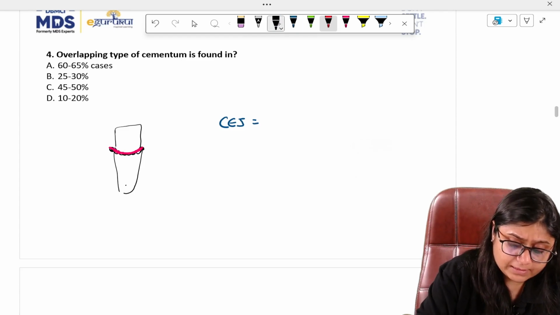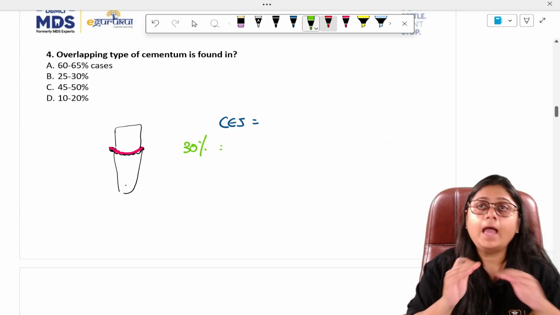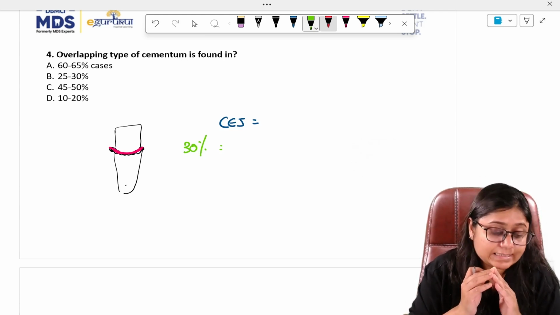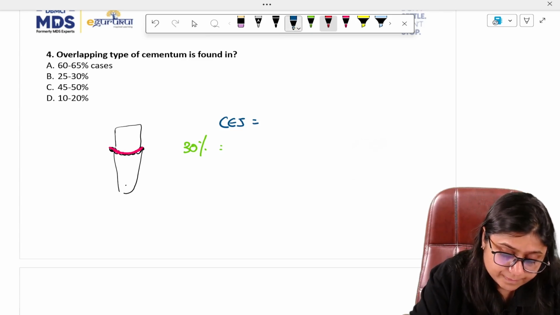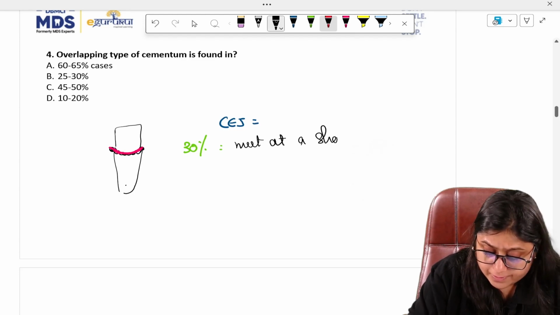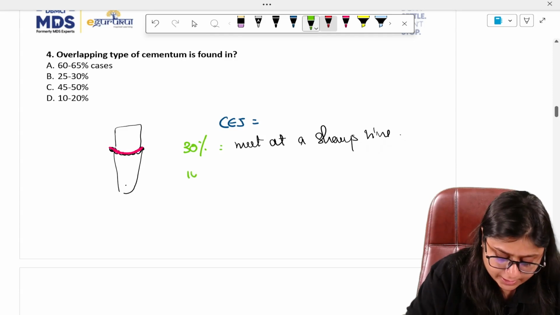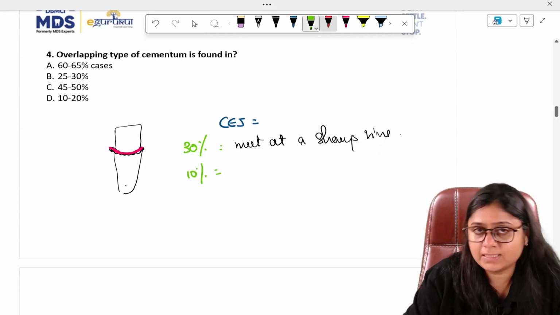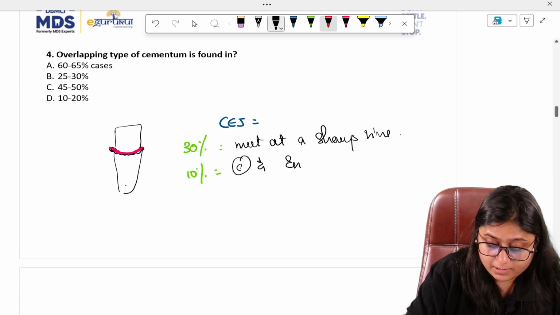In 30% of the cases, cementum and enamel meet at a sharp line or at a butt joint, that is a 90 degrees angle. In 10% of the cases, cementum and enamel do not meet, so this junction will not be seen.